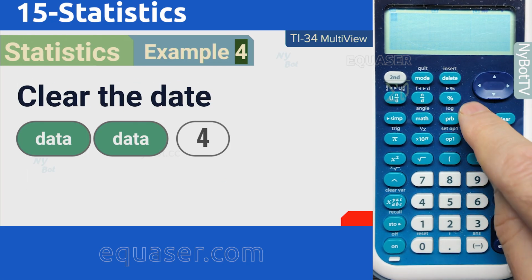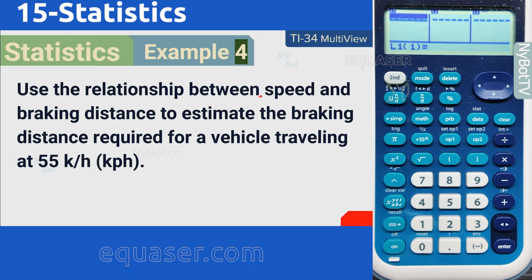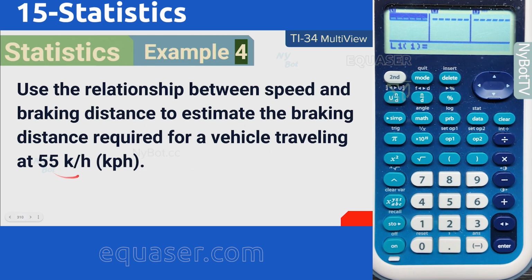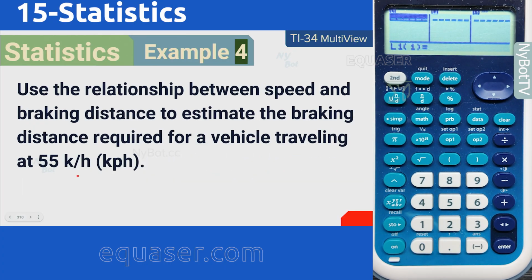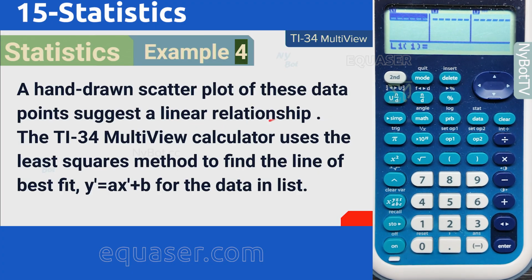Let's clear the data, and use the relationship between the speed and braking distance to estimate the braking distance required for a vehicle traveling at 55 km per hour. Now, the hand-drawn scatter plot of these data points suggests a linear relationship.